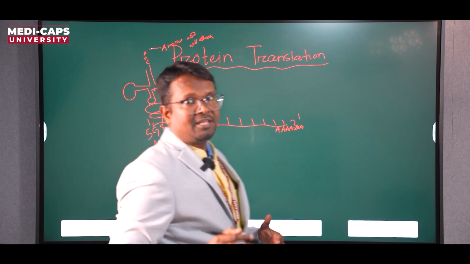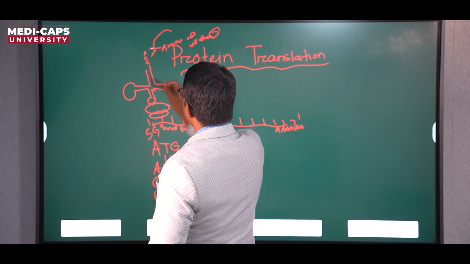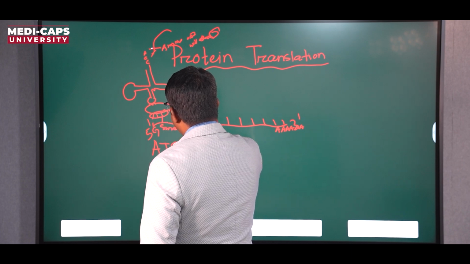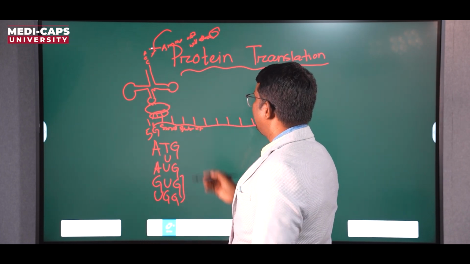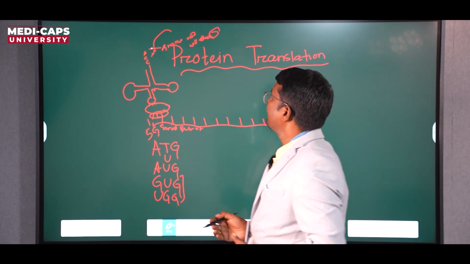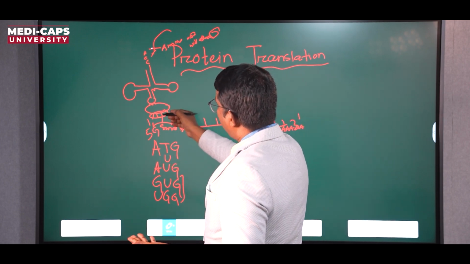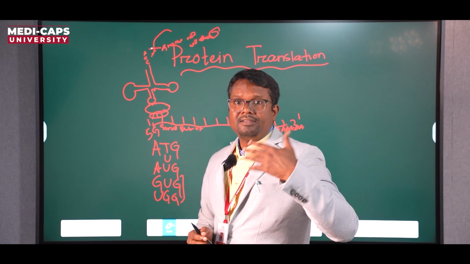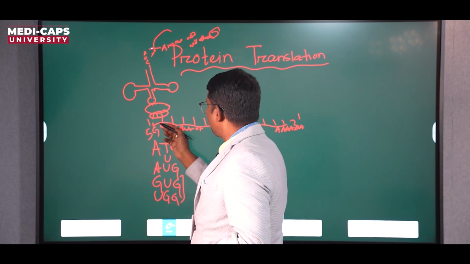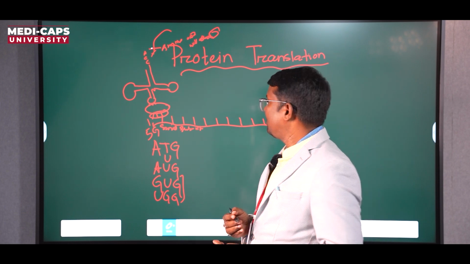But the most important thing is which amino acid will be attached to this end. It depends upon the anticodon. For example, if there is an AUG codon in the mRNA, its cognate anticodon will be here in the tRNA, and that will bring the methionine amino acid to get attached here at the start of the protein translation machinery.